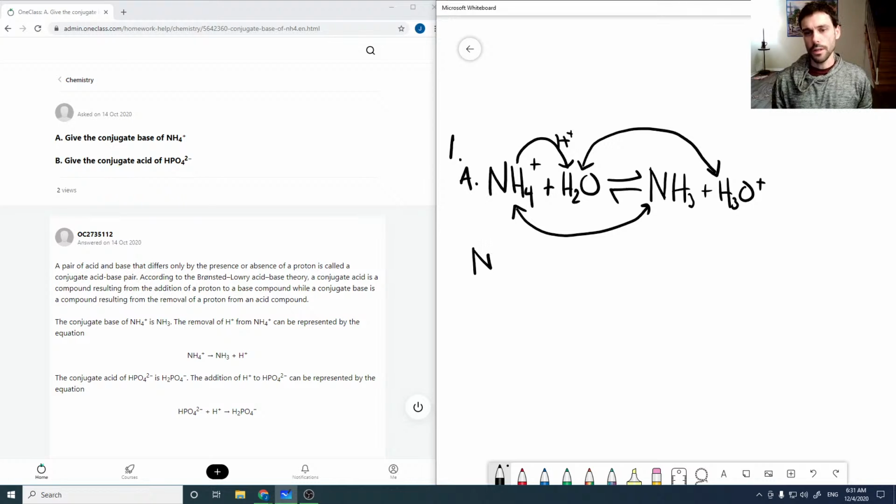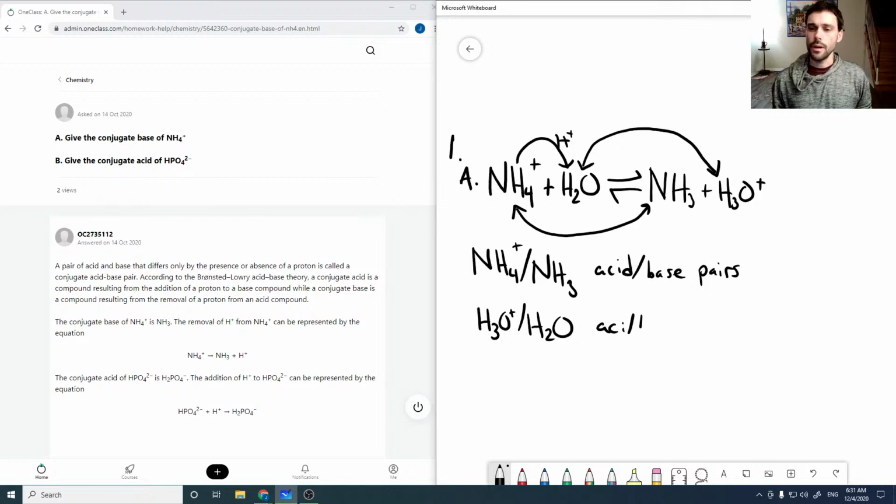So NH4 plus and NH3 are acid-base pairs, and H3O plus and H2O are acid-base pairs.